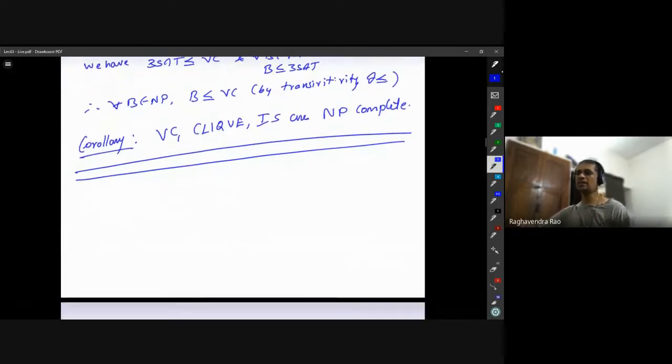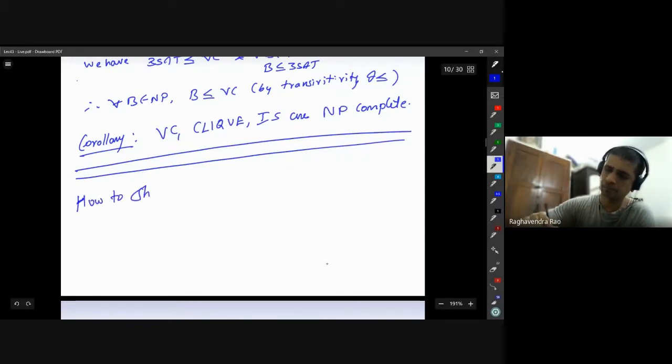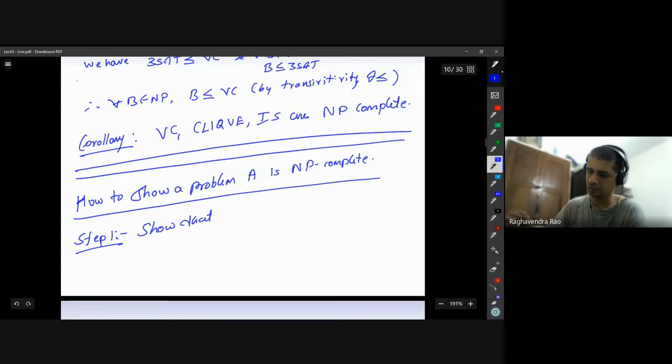So let's see how to show a problem A is NP complete. Usually we divide this into two steps. Step one: show that A is in NP using a small witness. You basically show that A has the small witness property. This can be interchanged; there is no specific order, it could be step two also.